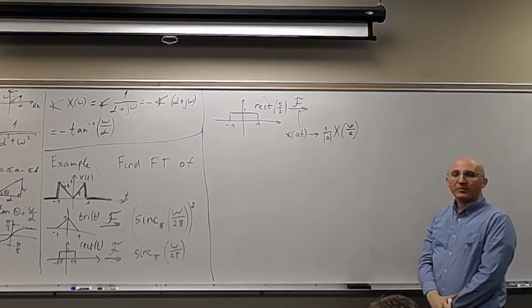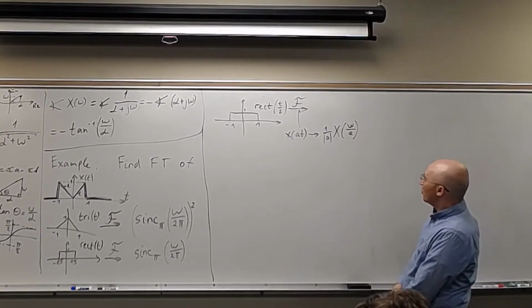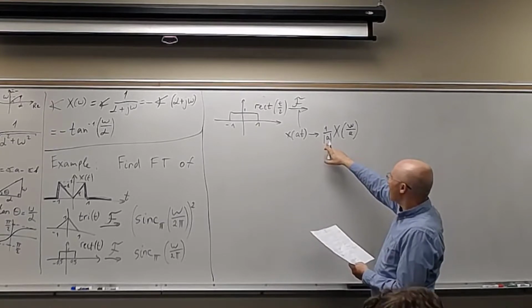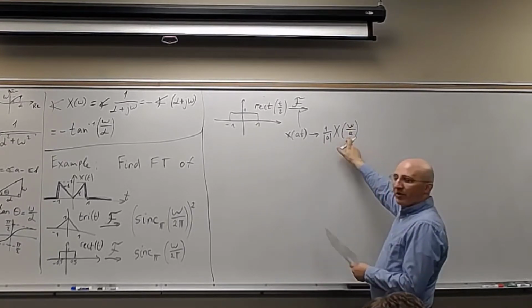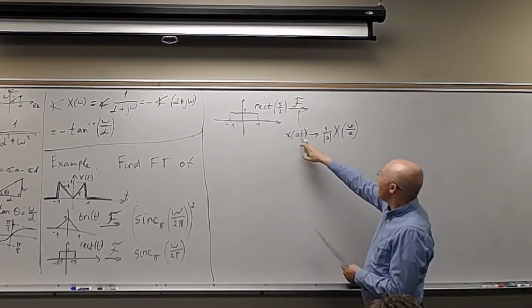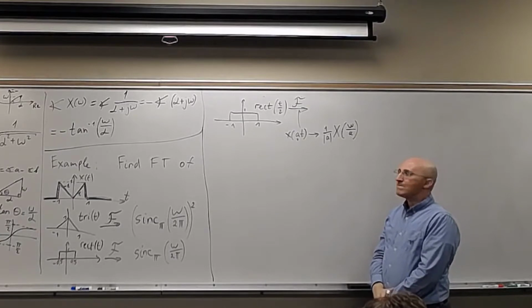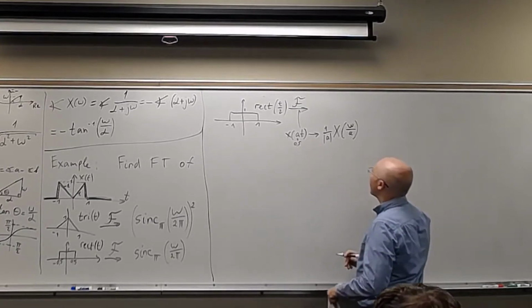You can get it in the tables. So all we need to do is basically divide by the absolute value of the scale, and omega also divided by the same value. So what is a in that case? 1/2. Yeah.